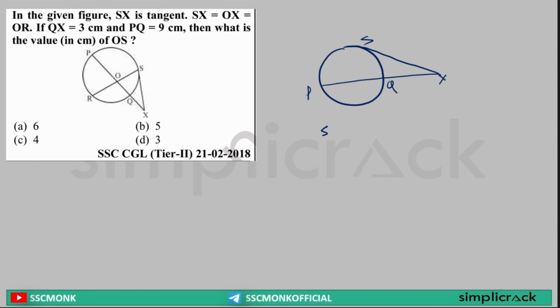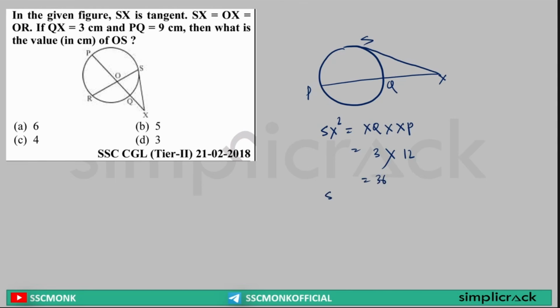So here I can write, SX square is equal to XQ multiplied by XP. Yes or no? Yes. What is XQ? XQ is given 3 centimeter. XP: here it is already given PQ is 9, plus 3, that is 12. Sorted? Yes.